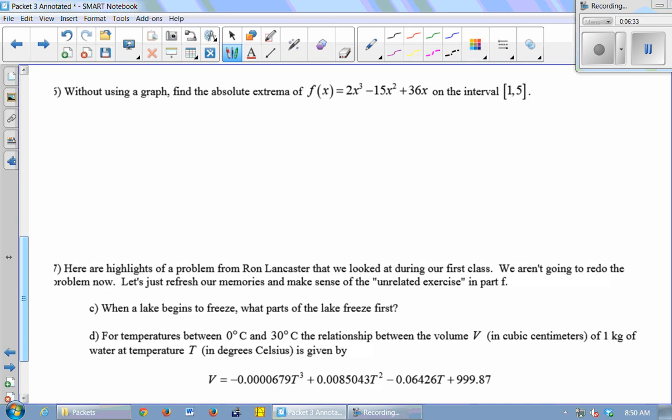So I could have an extreme value at any critical value, or at 1 or at 5. Those are the places where my extreme values could happen. So let's find critical numbers. Where do those happen?